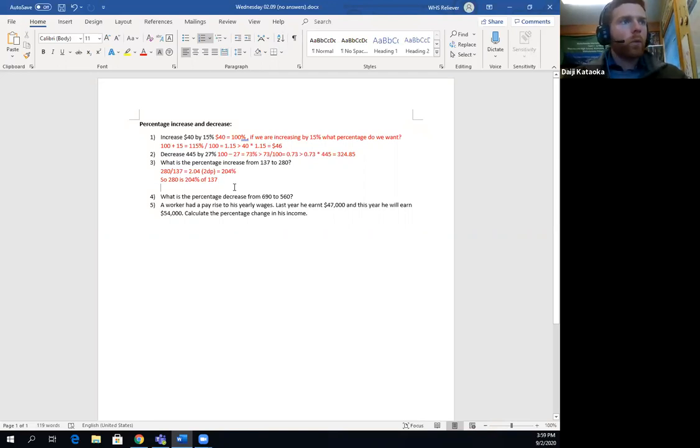Not quite. So we know what the original amount is. We know what the new amount is. We want to know how much it's increased by. We've just found out that the new amount is 204% of the original amount. But we want to know how much on top of the original amount it's been increased by. So the original amount is 100%. How much more do we need to get to 204%?